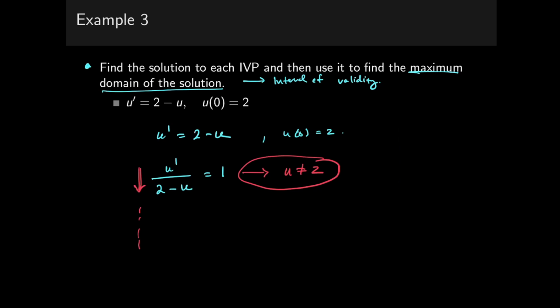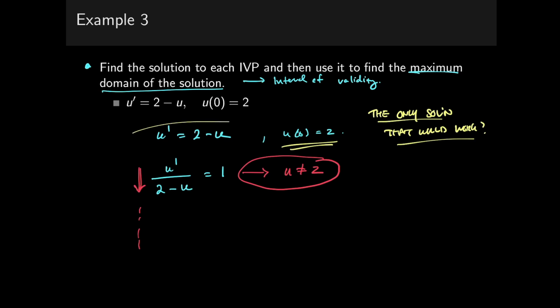Since I need this in my initial condition, then what is the only solution that would work? There's only one that doesn't break this down and that solves this. You can do it. Don't think too hard.